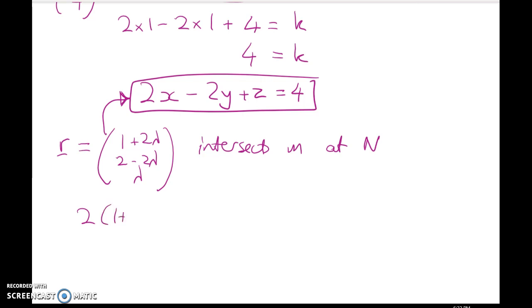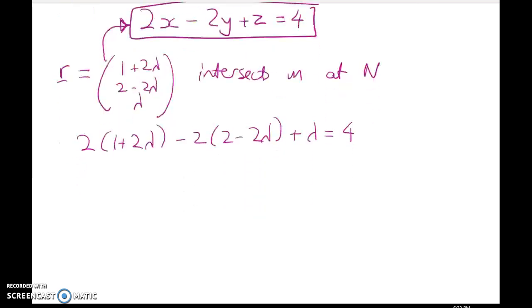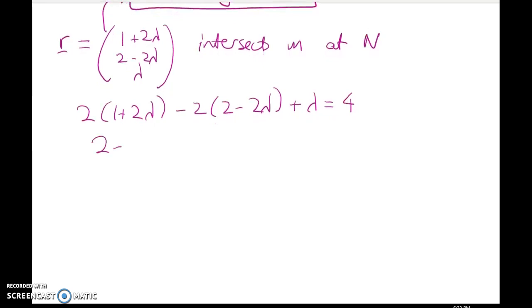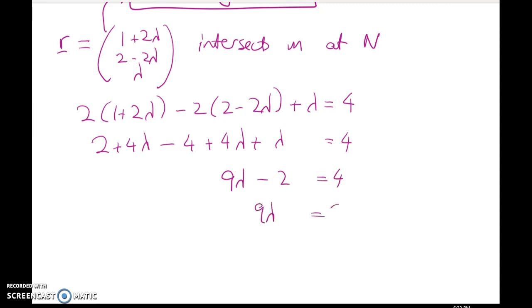So 2x minus 2y, so that's what we get. That gives me 9 lambda minus 2 is 4. So 9 lambda is 6, and lambda is equal to 2/3.